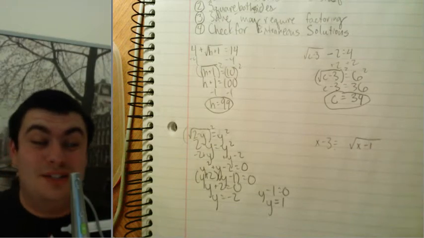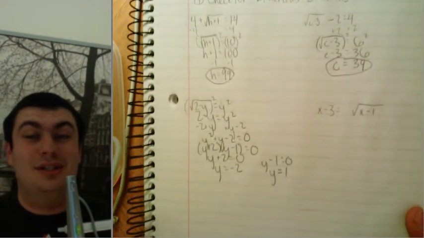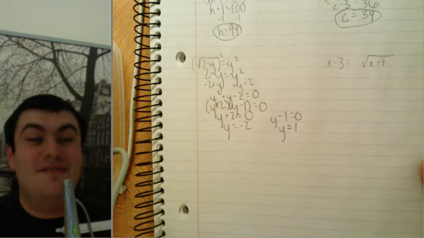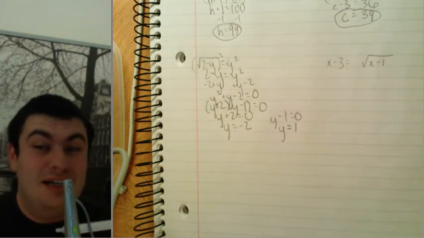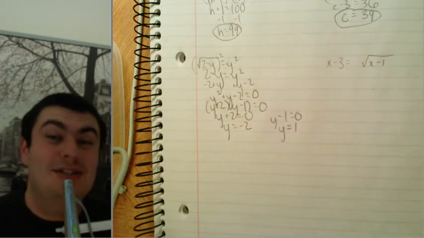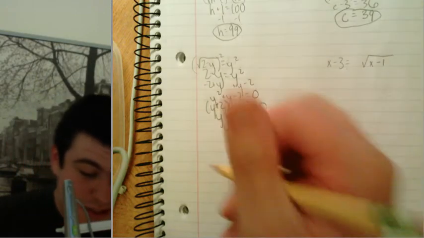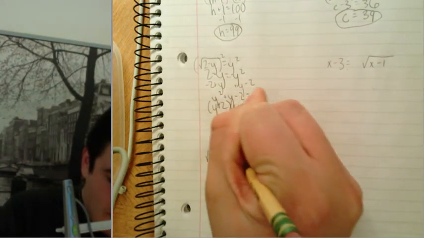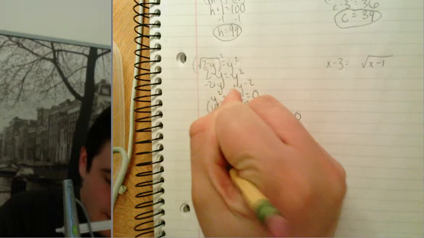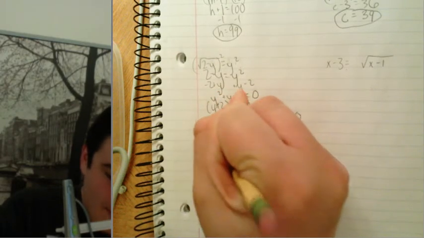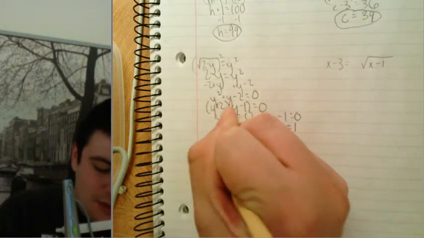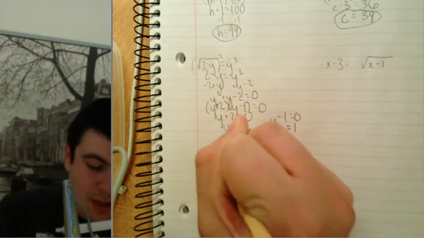Now, this is where I have to check for what's called extraneous solutions, or extraneous values. I have to plug in each solution and see if it works in the original equation. So, does the square root of 2 minus 1 equal 1? So does the square root of 1 equal 1? 1 does equal 1.